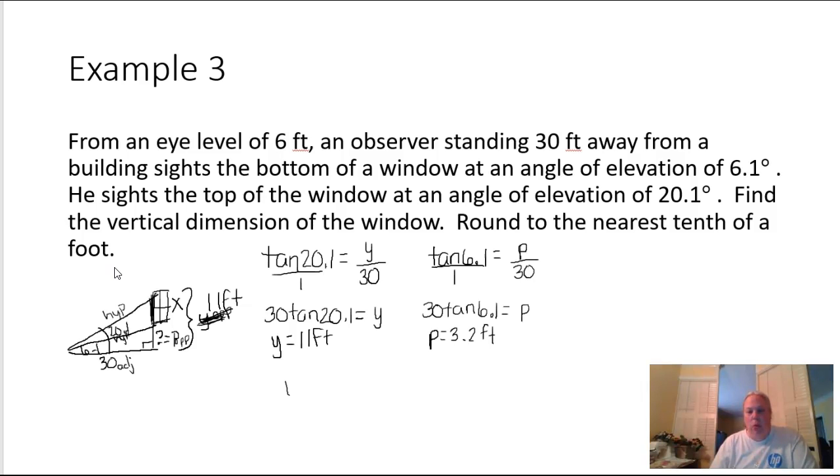So the window is going to be the 11 feet minus the 3.2 feet, and that's going to give me 7.8 feet. So the window is 7.8 feet tall.